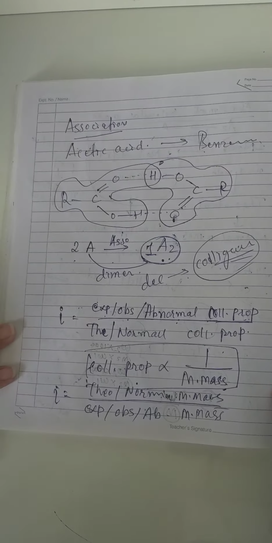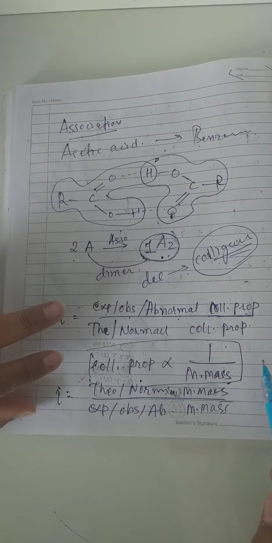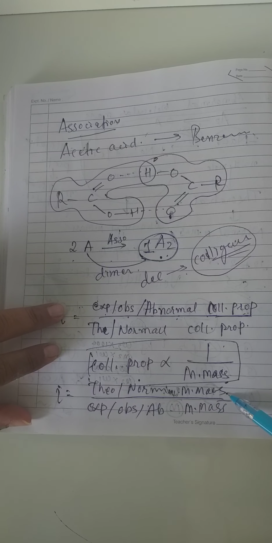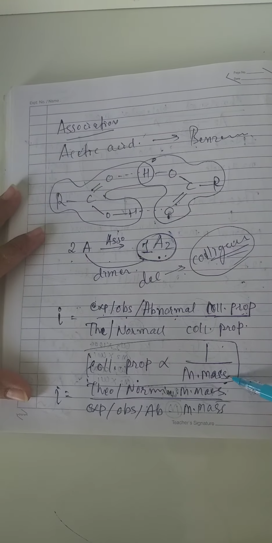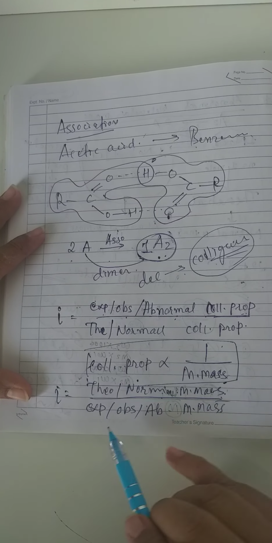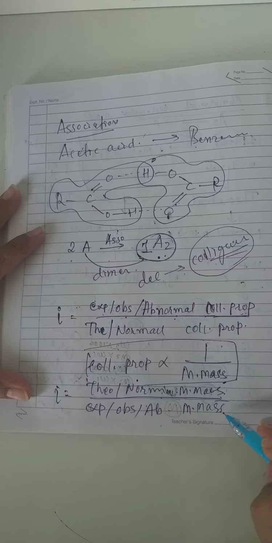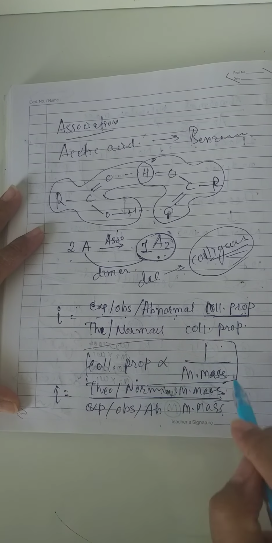Okay, so now let's substitute colligative property with the molecular mass, and it becomes inversely proportional. So the theoretical, normal molecular mass will be in the numerator, and the experimental, observed and abnormal molecular mass will be in the denominator. Clear?